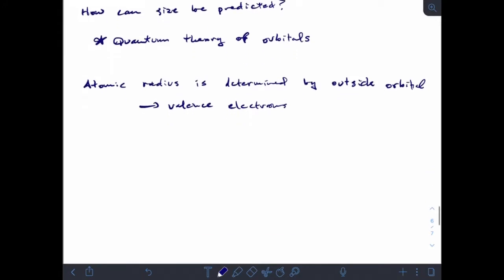So a bigger valence orbital gives us a bigger atom.